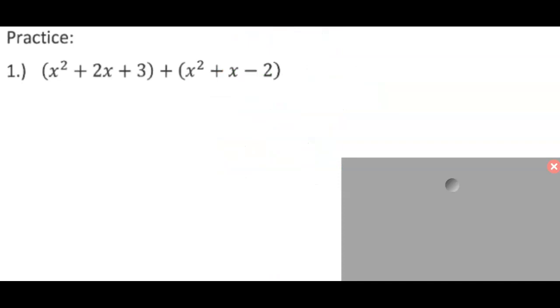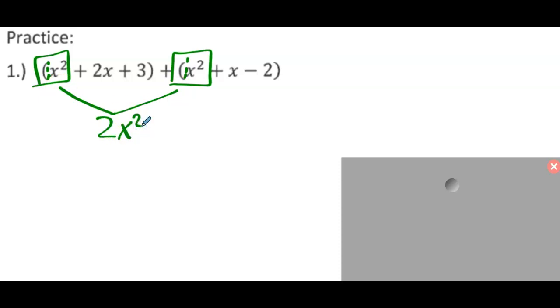So one of the things that we can do is find those like terms and box them out like we did. X squared and an x squared term. Okay? And I'm adding those together. There's 1 here and 1 here, so how many do I have all together? Well, I have 2 x squared terms, okay? What about x terms?